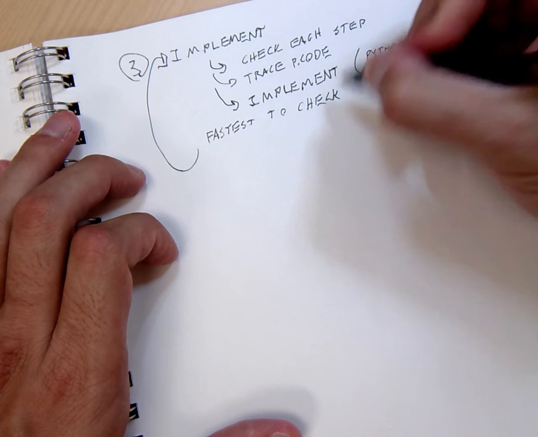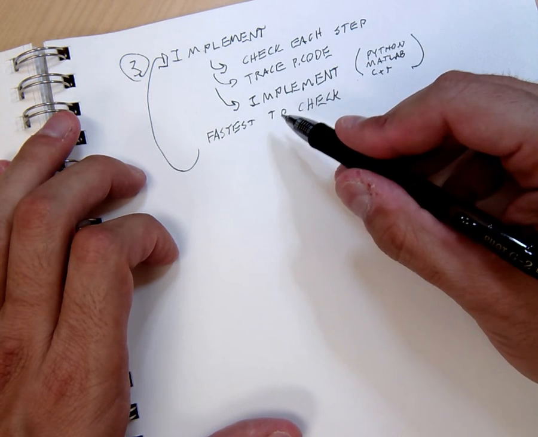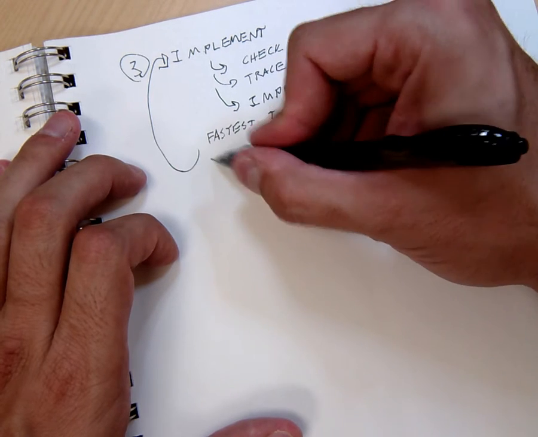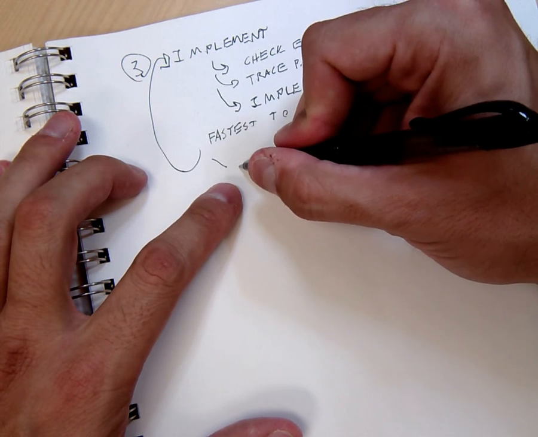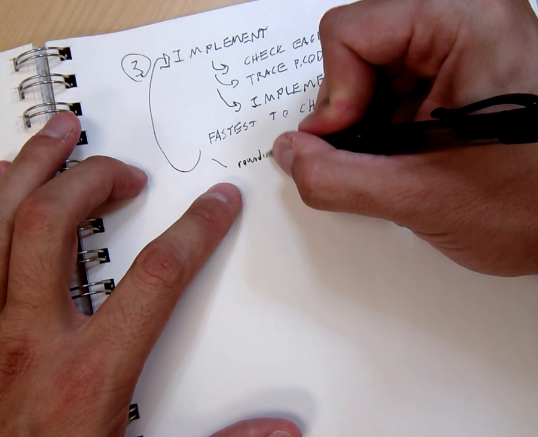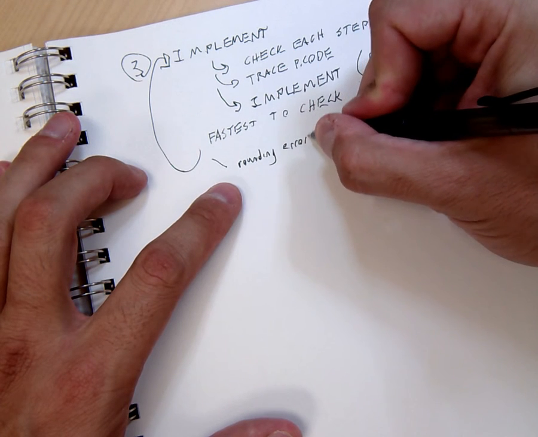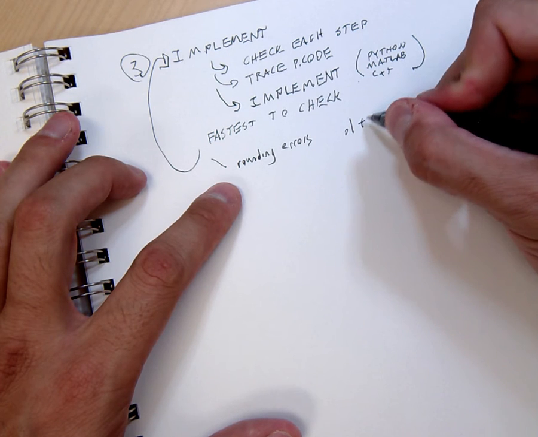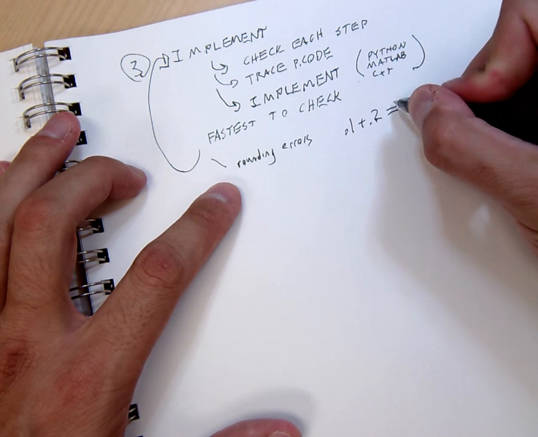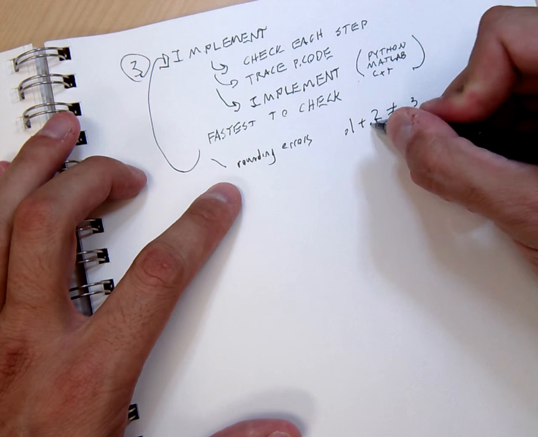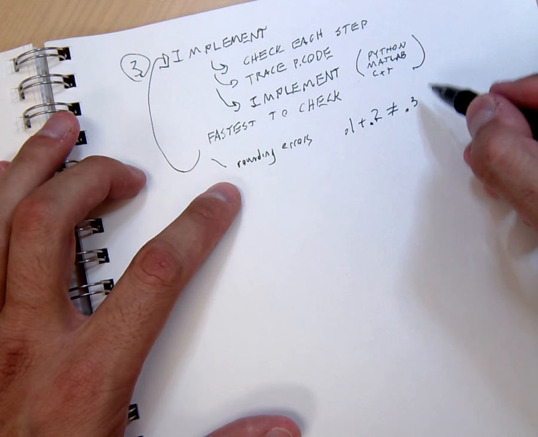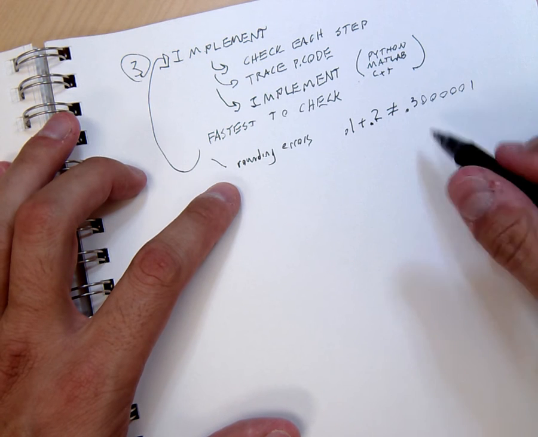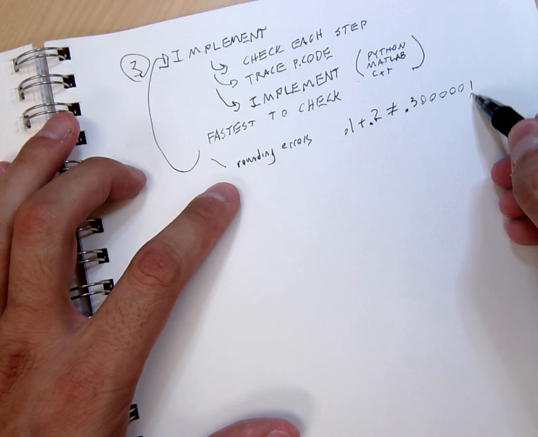And the reason is you don't necessarily know that it's going to be right. And you might encounter an issue like maybe rounding errors happen, and you didn't anticipate that 0.1 plus 0.2 does not equal 0.3, because in pseudocode that works, but in real code sometimes that equals something with a very small error.